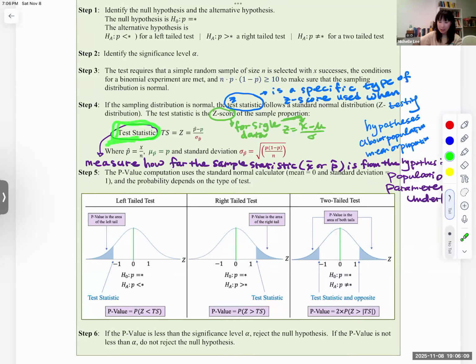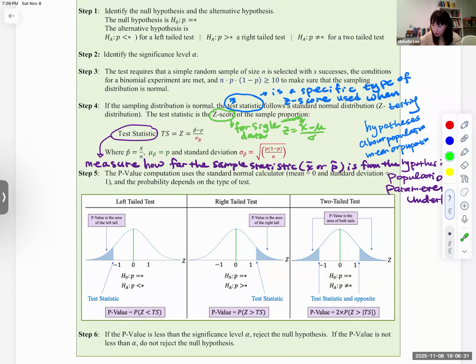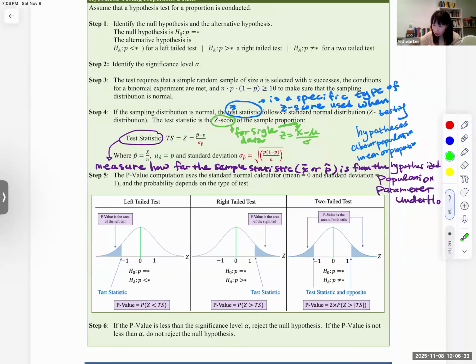The test statistic measures how far the sample statistic, which can be x-bar or sample proportion, is from the hypothesized population parameter under the null hypothesis.